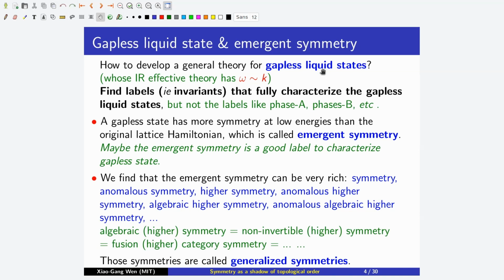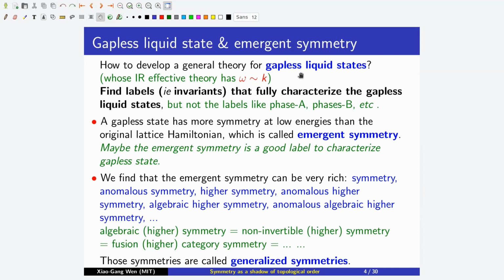Now with entanglement, we start to feel that the quantum liquid is like a crystal, with a lot of internal structure, which can be characterized by entanglement, anyons, fractional statistics, etc. And nowadays we say that this quantum Hall state or topological order can be characterized by this modular tensor category, or even a higher braided fusion higher category. So we have a label for that.